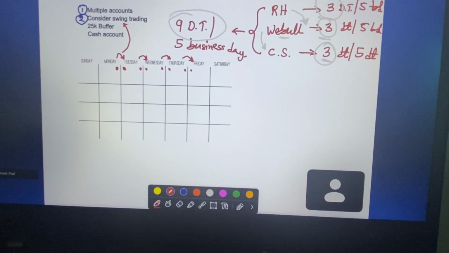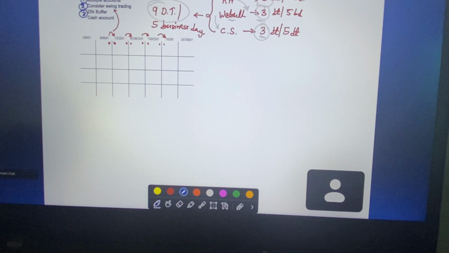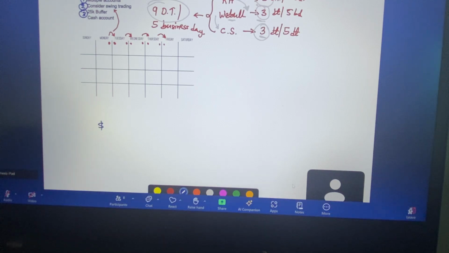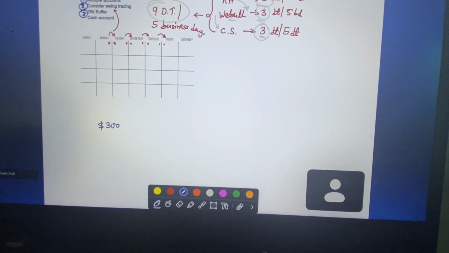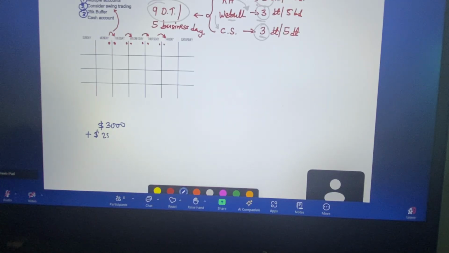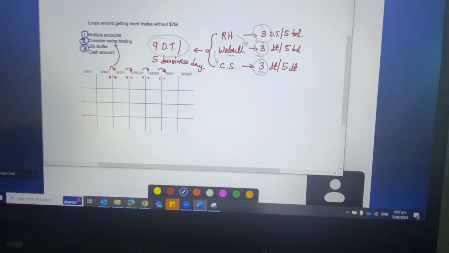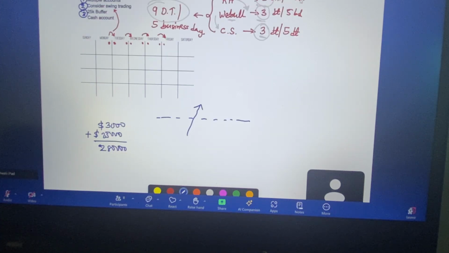The third option is a method I came up with called the 25K buffer. And the way this works is if you're trading with, let's say, 3,000, the goal here is to deposit 25,000 into your account only to get you above that threshold of 25K.